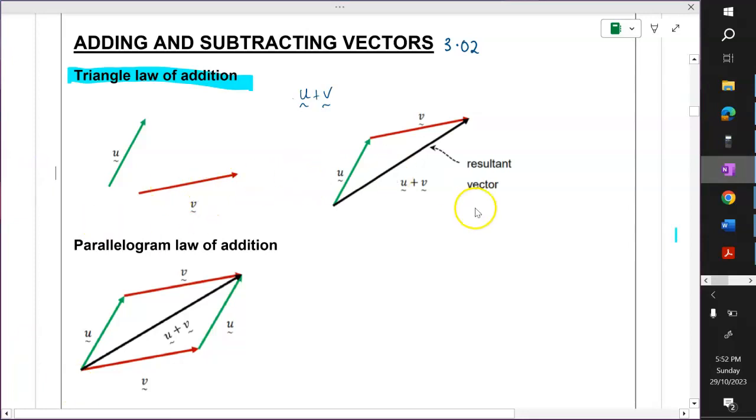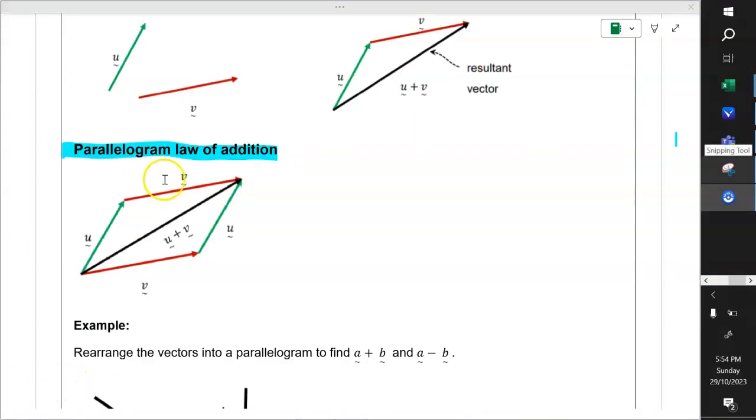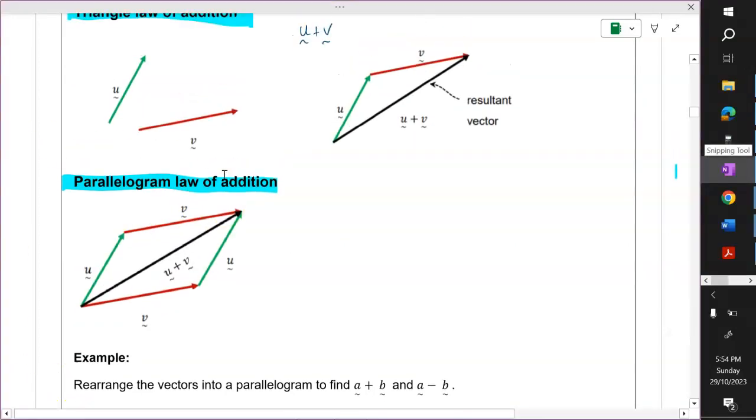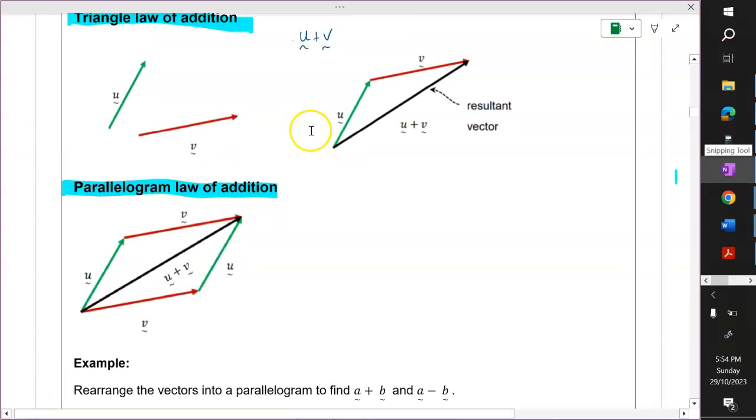That's the way I particularly like to do my vectors, but I need to show you the parallelogram law of addition as well. In the parallelogram law of addition, we're going to get the same answer as we got above, but what we do is we make a parallelogram out of our two vectors. So we've got vector U and vector V, and we've popped them tails together.